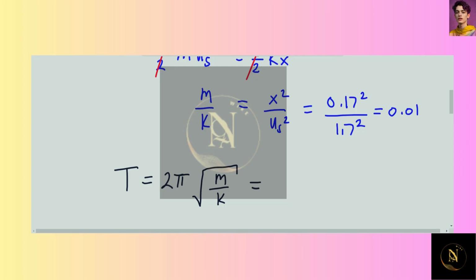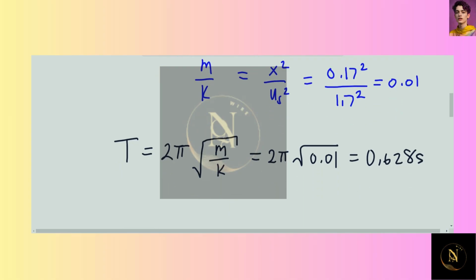So once we sub in our m over k and multiply by 2 pi, we get a final answer of 0.628 seconds, or using our sig figs, we only have one sig fig, so that's going to be 0.6 seconds. So the period of this oscillator is 0.6 seconds.